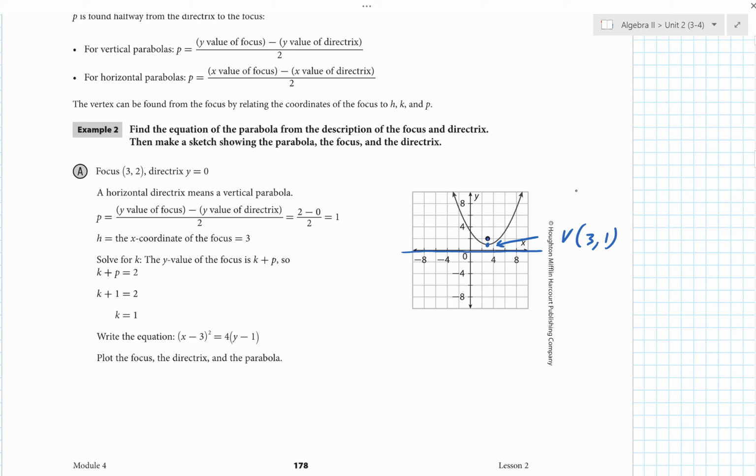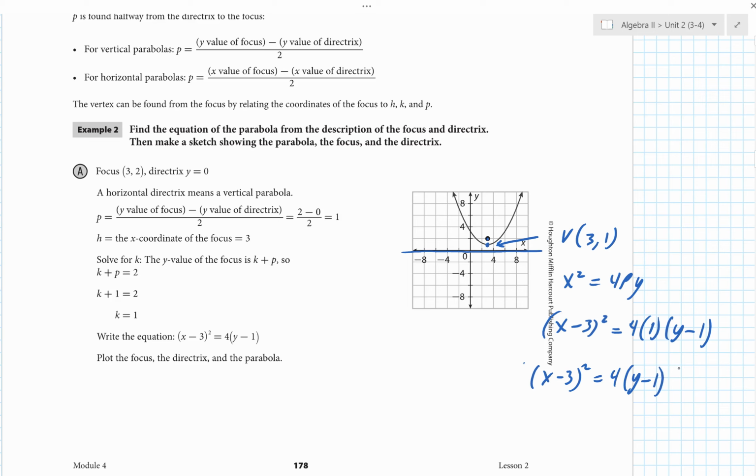And since it's an upward parabola, we know it's going to have the form x squared equals 4py, but it's shifted, so it's x minus 3 squared equals 4. P in this case is 1, and y gets replaced with y minus 1. And so our final answer then is (x minus 3) squared equals 4 times (y minus 1).